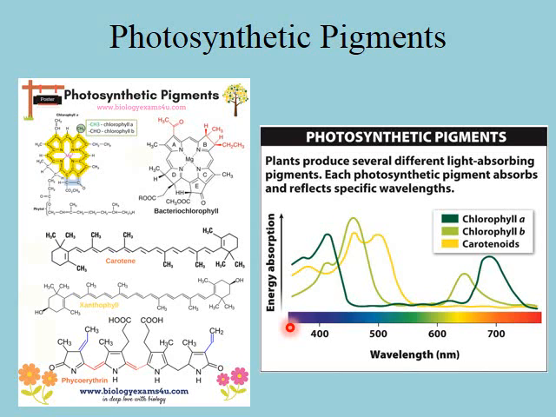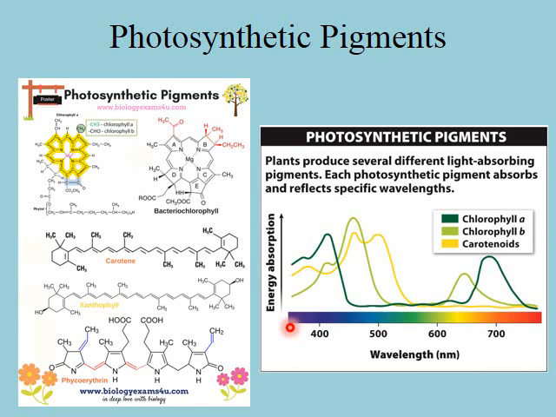When deciduous trees start to change color in the fall, the reason that is happening is because the chlorophylls are starting to break down. Chlorophyll A and chlorophyll B are starting to break down in these thylakoid membranes. And so they're not reflecting green anymore.